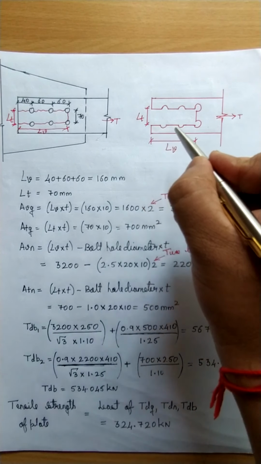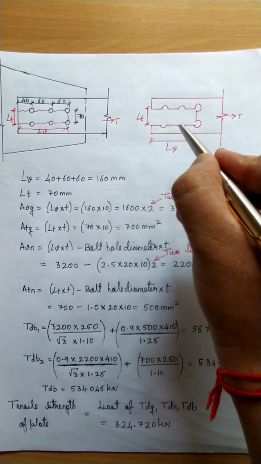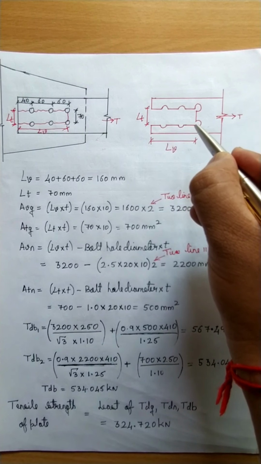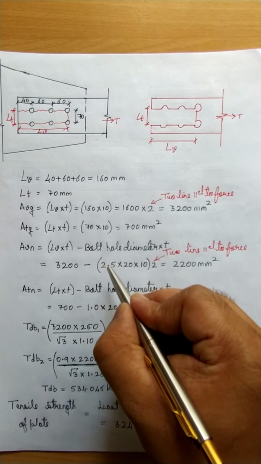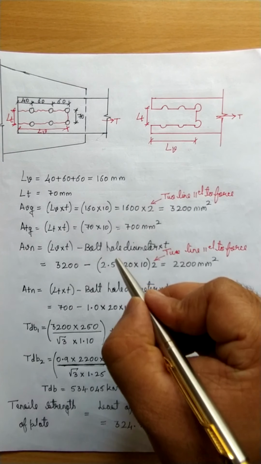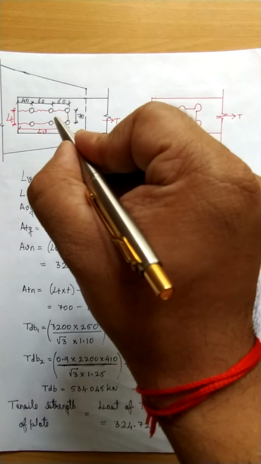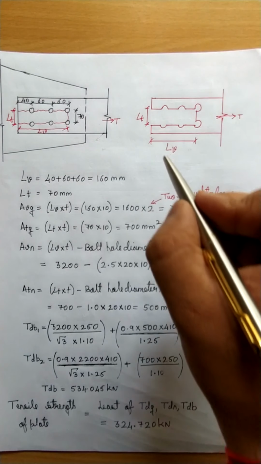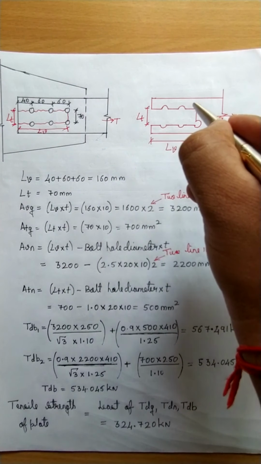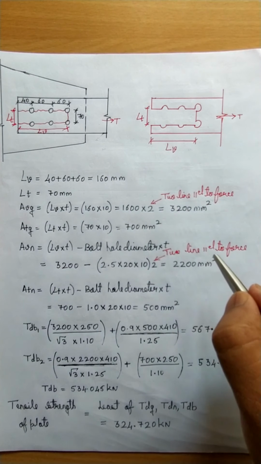So, in this direction, this is considered as 1, 2, and this only quarter is gone, that means 2.5. So, this is number of bolts in a line, 2.5, into diameter of the bolt hole, which is 20, into the thickness 10. Now, why 2? Because we have 2 lines here. So, multiplied by 2, 2 lines parallel to the force.